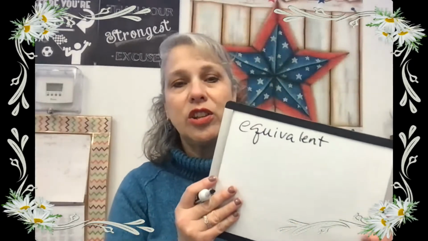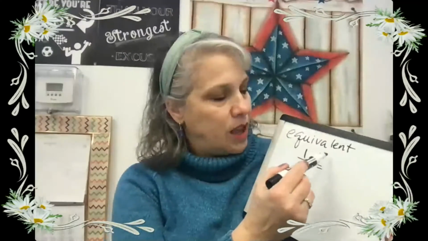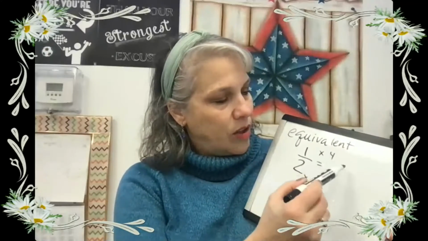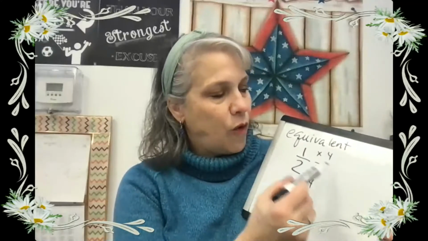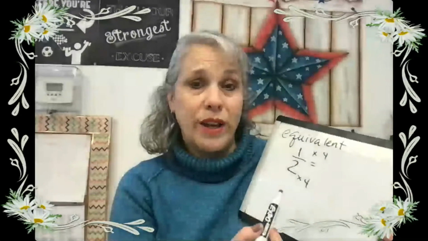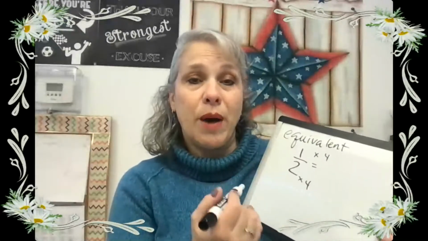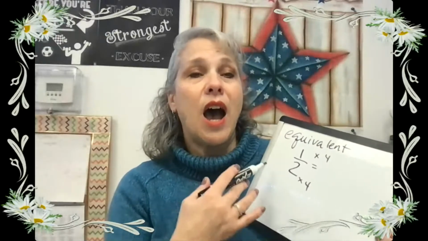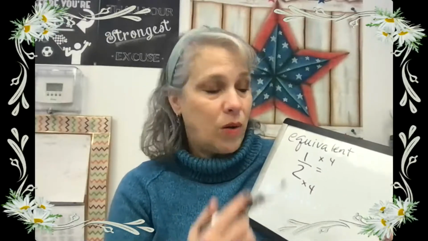Okay, so fractions are equivalent if they can be multiplied by the same thing. Like if I take 1/2 and I multiply by 4 on the top and the bottom. Now 4 over 4 is 1, so I'm actually multiplying by 1. And when I multiply by 1, I have the same amount.